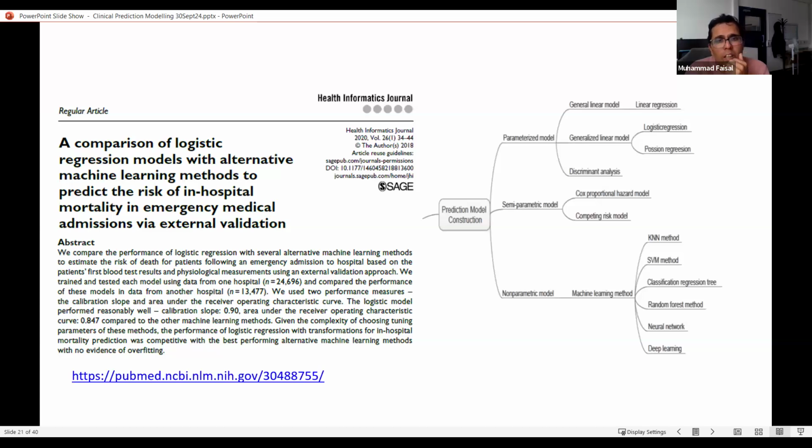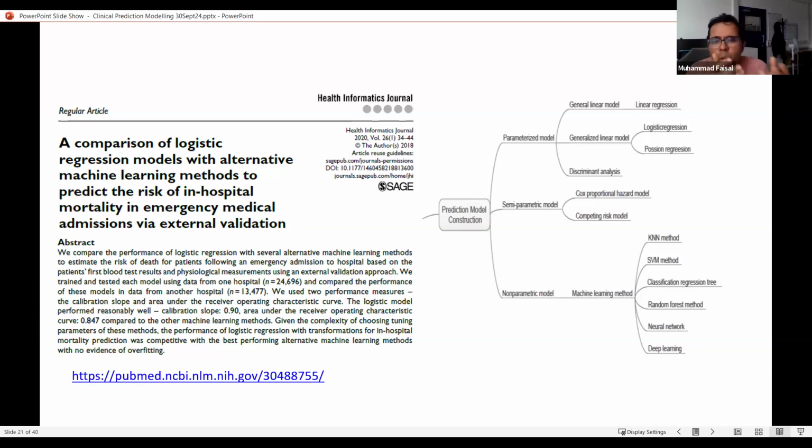So there are a lot of alternatives to logistic regression. One study I conducted a couple of years ago, published in 2020, looked at this. Logistic regression is the standard one in the literature, but there are fancy methods as well, machine learning methods.